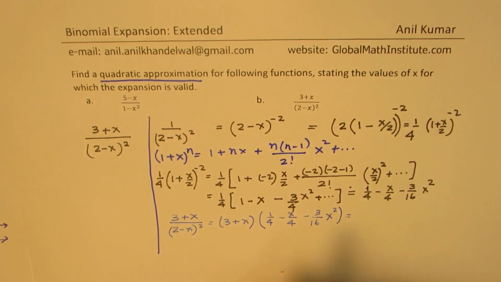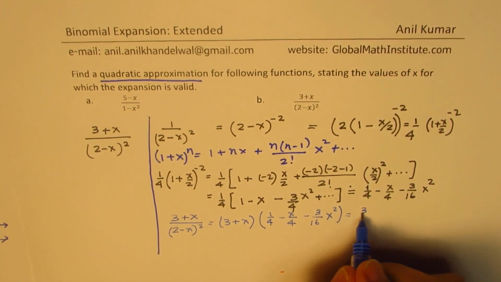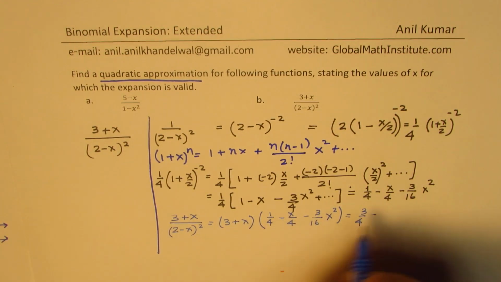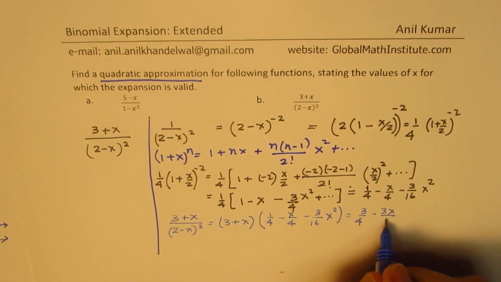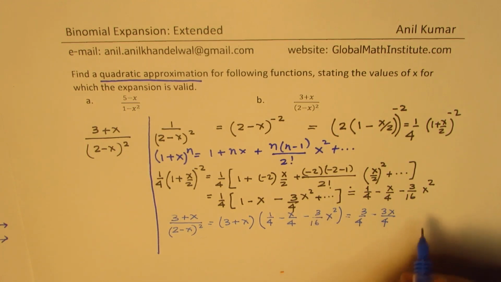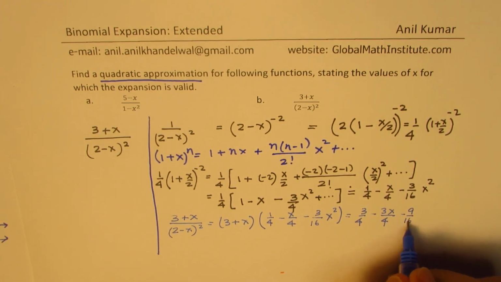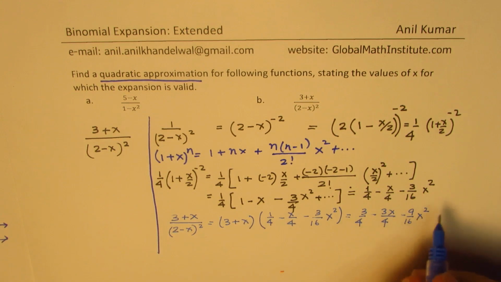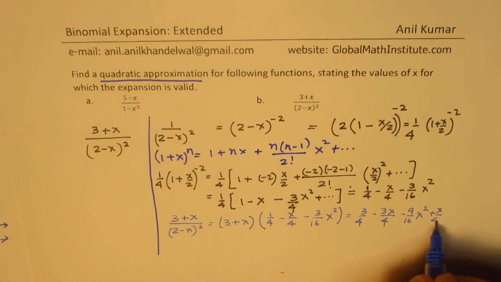Correct? So when you expand, let's multiply by 3 first. So we get 3 over 4 minus 3x over 4 and 9 over 16 x squared. Multiplying with x, we can take the first term, which is plus x over 4, correct?